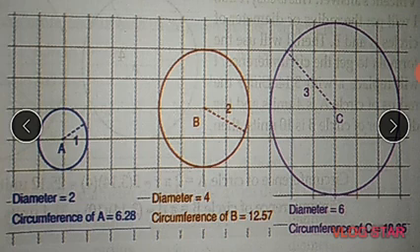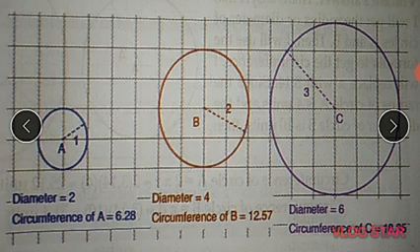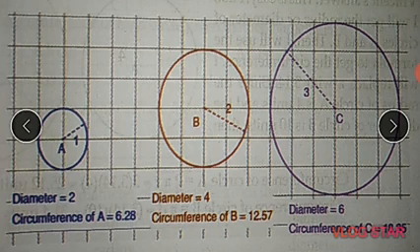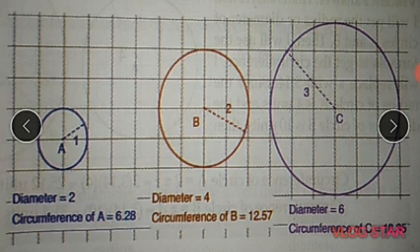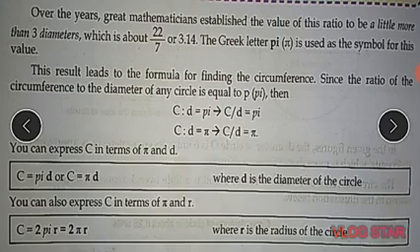Over the years, Greek mathematicians established the value of this ratio to be a little more than 3 diameters, which is 22/7 or 3.14. The Greek letter pi is used as a symbol for this value. So they use pi for 3.14. The results may lead to the formula for finding the circumference.